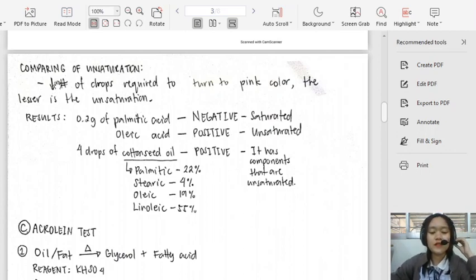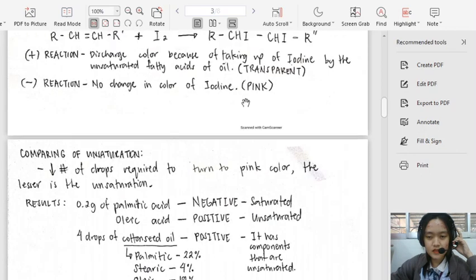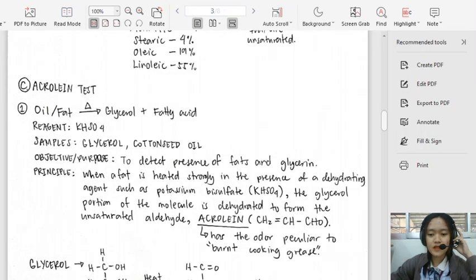So, comparing the unsaturation. Okay, so, doon sa inyong subtest 2, the lesser number of drops na kailangan ninyo in order to turn the solution or the color to pink, then the lesser the unsaturated.